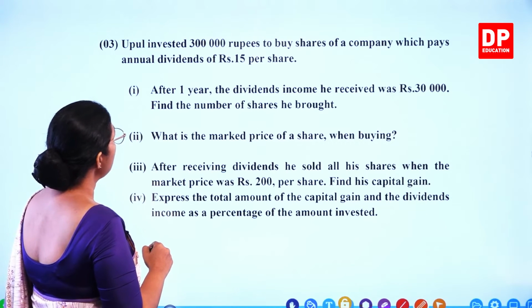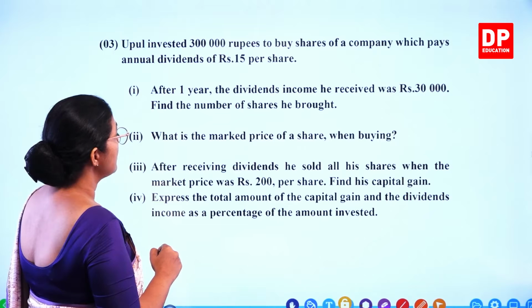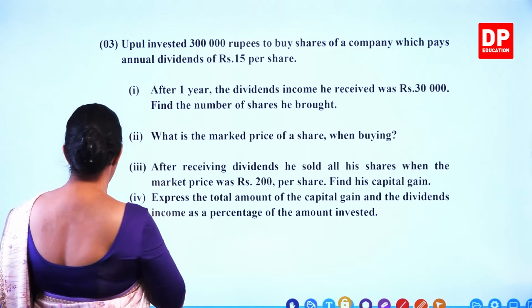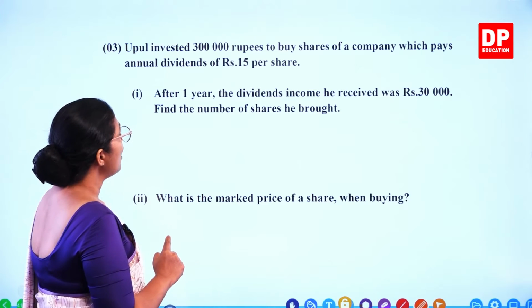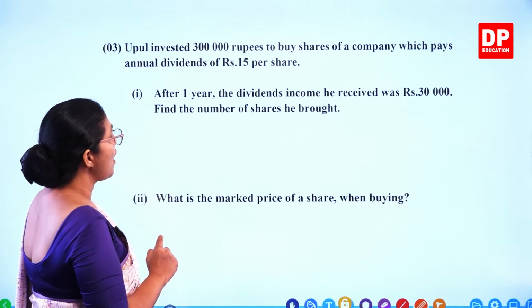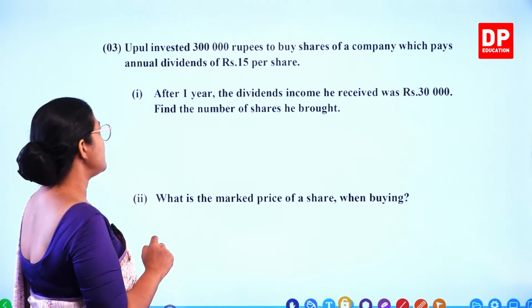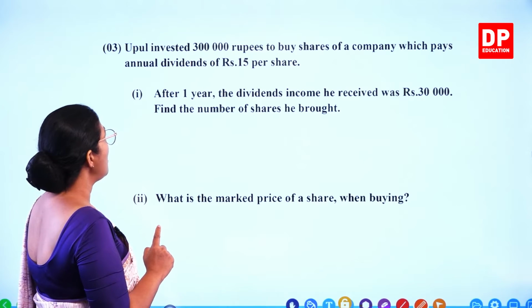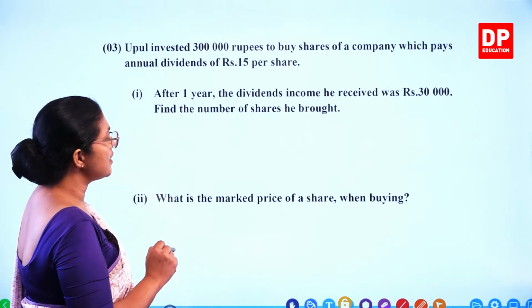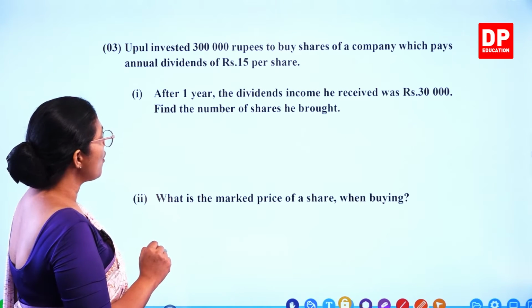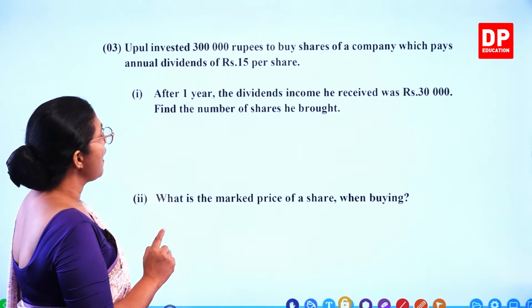Question number 3. It's about a share market question. Upul invested 300,000 rupees to buy shares of a company which pays annual dividends of 15 rupees per share. After 1 year, the dividend income he received was 30,000 rupees. Find the number of shares he bought.